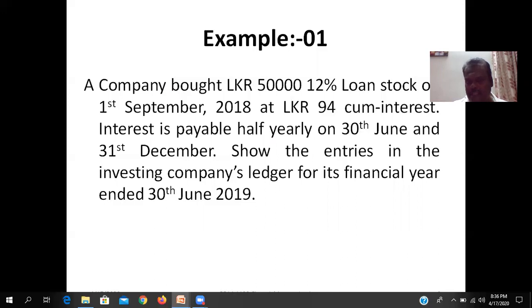So we can see this is an investment purchased cum interest. If the investment is purchased cum interest, that interest should be payable to the purchaser. So we should compute it on 31st December 2018. If we compute the interest for the 50,000 at 12%, that is 6,000 for 1 year. But we have to compute it for 6 months, so 3,000.